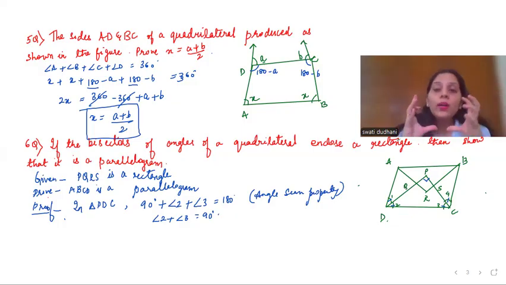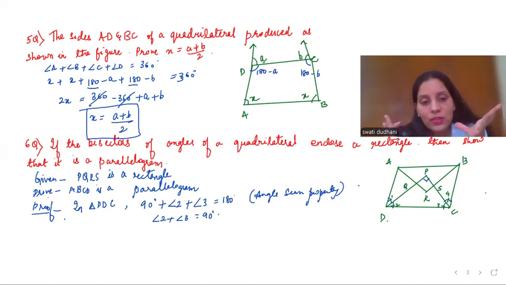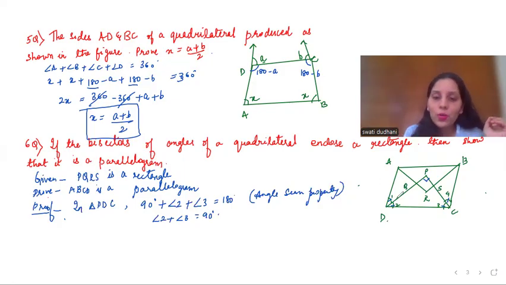So to prove a parallelogram, your main aim is to prove that the lines are parallel, right? Because in a rectangle, opposite sides are equal. In a parallelogram also opposite sides are equal. So for a rectangle to be a parallelogram, you need to just prove that the opposite sides are parallel. Right? So we got 2 plus 3 is 90 degrees. Now, can I multiply 2 on both sides? We can multiply the same quantity.